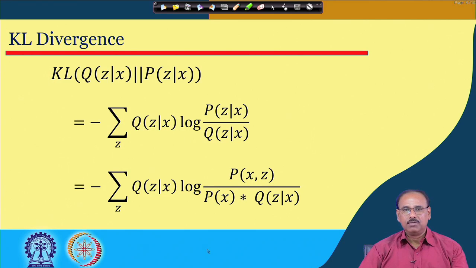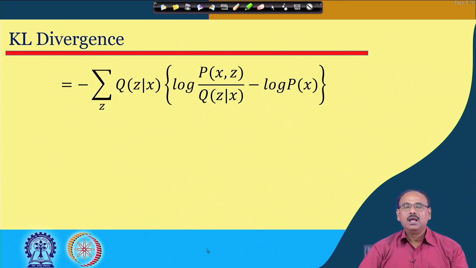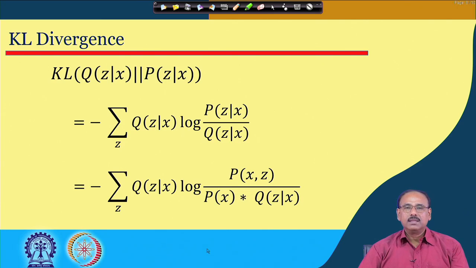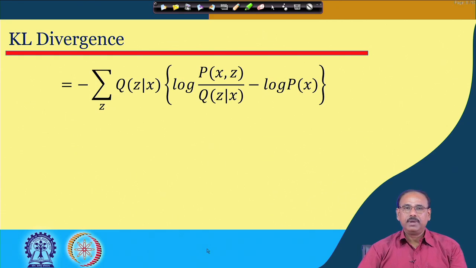You take the summation over Z. So, that is the KL divergence between Q and P. If you expand it further, the expression was Q of Z given X log of P of X, Z upon P of X into Q of Z given X. If I expand and simplify this, the expression becomes, with a negative sign, the summation of Q of Z given X into log of P of X, Z upon Q of Z given X, minus log of P of X.